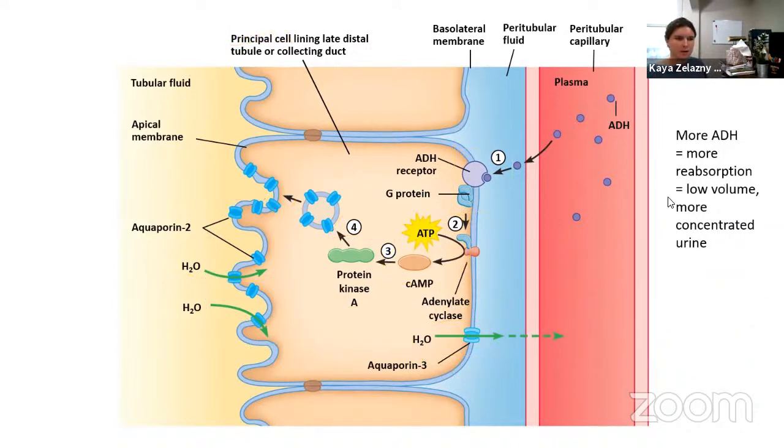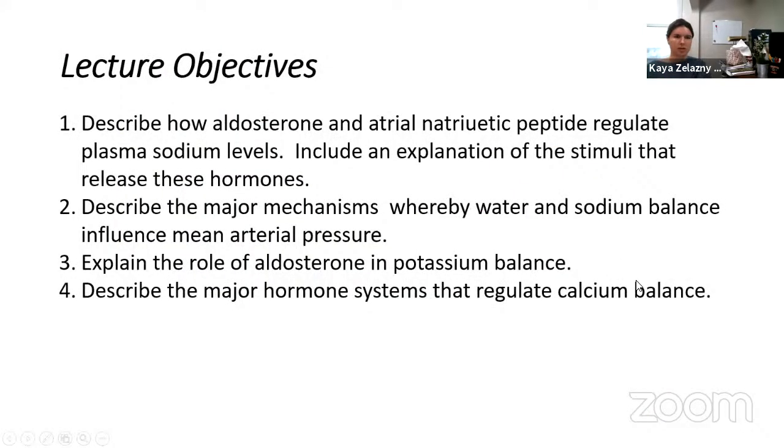Okay. So for today, we're talking about two hormones, aldosterone and atrial natriuretic peptide, or ANP, that are going to be regulating solute concentrations. So they're really going to be regulating plasma sodium levels, but we'll also see that they will be involved with potassium balance as well.